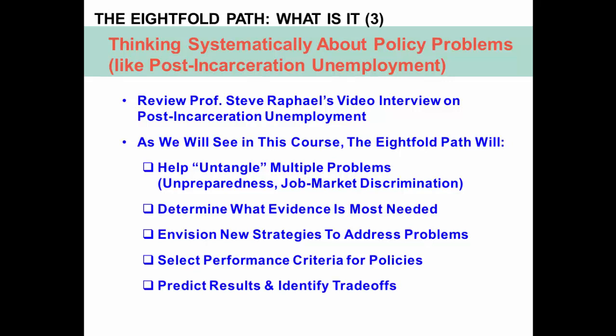Lastly, we're going to have to try to predict the future, and we're going to have to figure out what each one of these new ideas might cost us. When we do so, we'll be engaging in those analytic steps on the Eightfold Path of projecting the outcomes and confronting the trade-offs.